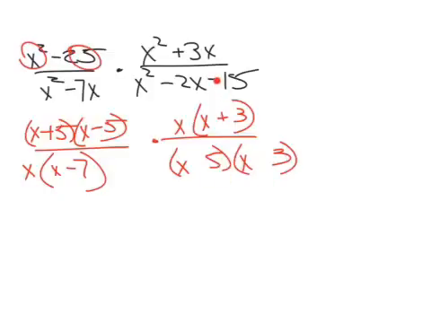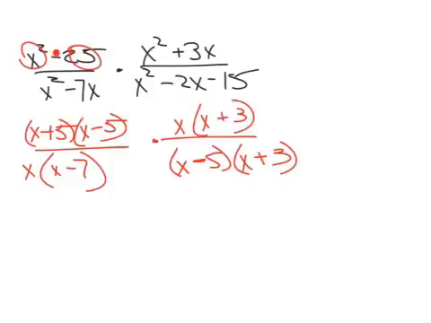But we need a negative 15, so one of these is going to be negative. Since this is negative, it means the biggest one is negative. So that's going to be negative, and that's going to be positive. Now negative 5 times 3 is negative 15, and negative 5 plus 3 is negative 2. So we just simplified that.